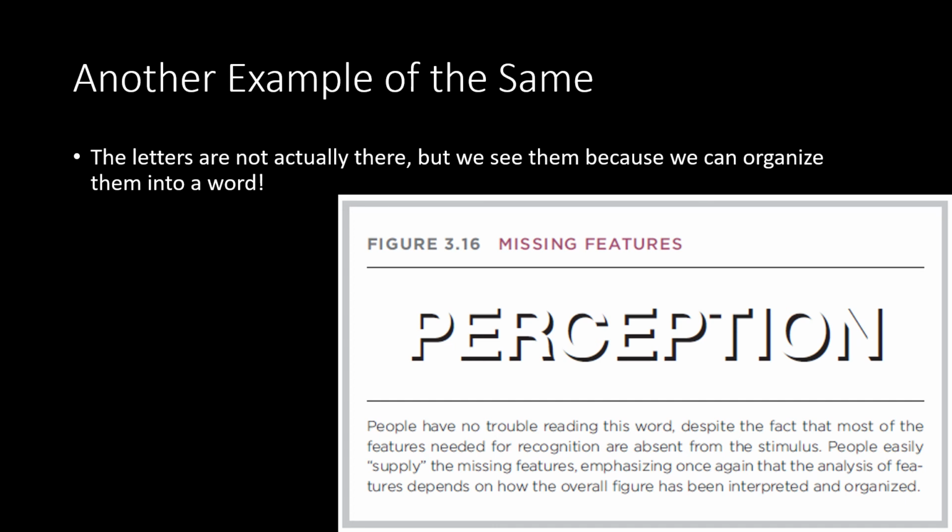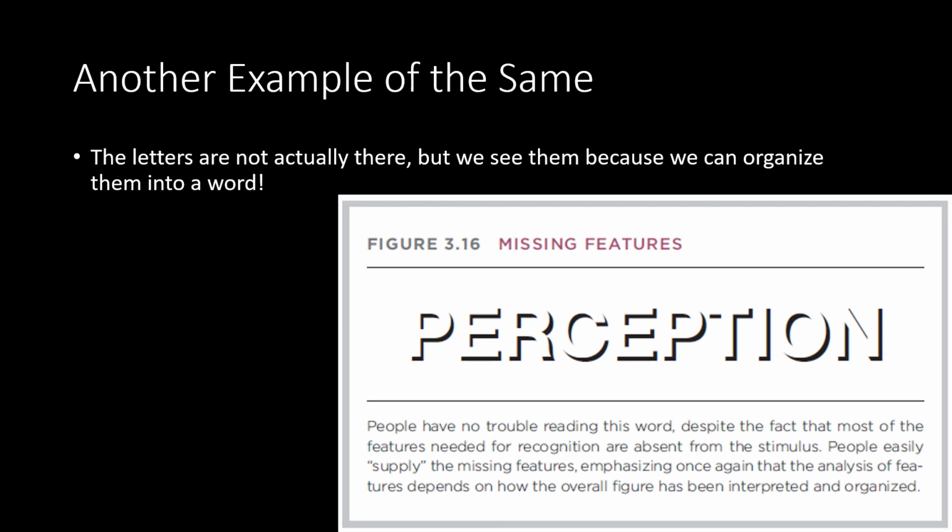Now, perception isn't actually there. This is not something that is represented on our retina itself, right? All that we see on our retina is a different set of dark splotches on a white background. Yet we still read perception without any trouble. This is yet again another example of how interpretation can lead perception.